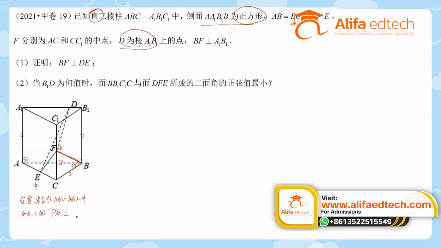Additionally, any side edge, such as BB1, must be perpendicular to the base, specifically perpendicular to the base ABC. Since it is perpendicular to the base plane ABC, the line BB1 is, by definition, naturally perpendicular to any and every line that lies within that plane, including, of course, the line segment AB. So the fact that AB is perpendicular to BB1 is now settled and established.